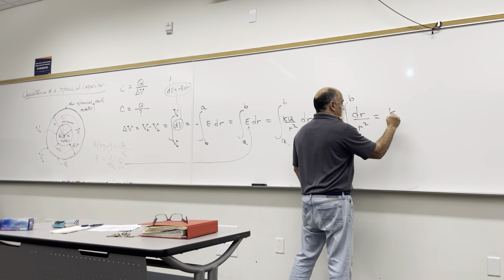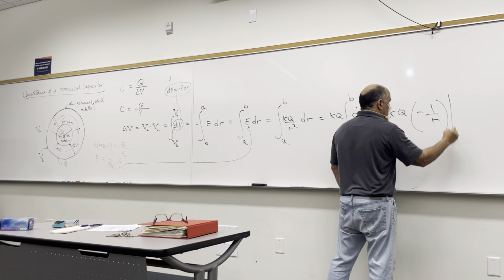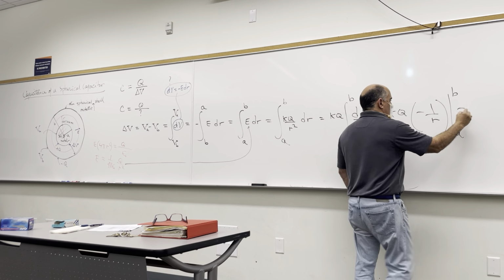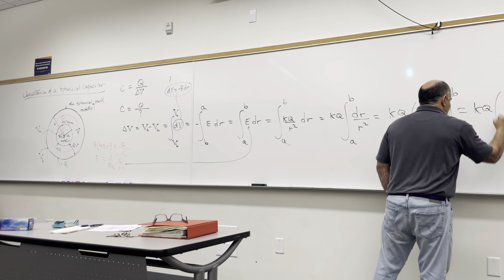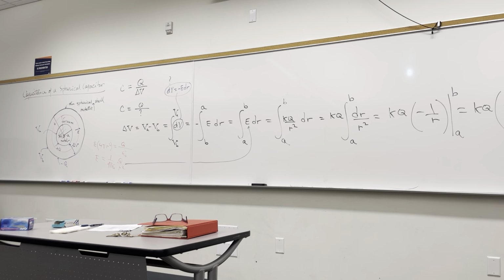Negative 1 over R. Exactly. So this will be KQ, and I'm going to flip this, so this will be 1 over A minus 1 over B. And I can clean this up if I wanted to. This would be KQ times B minus A over A times B.